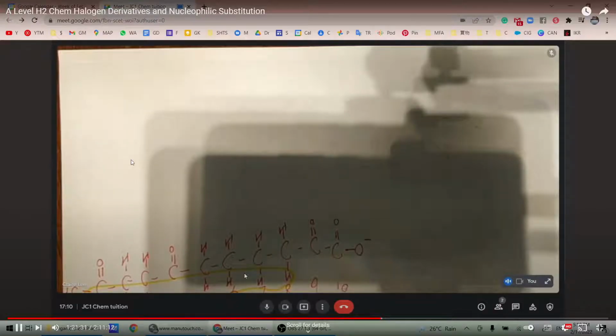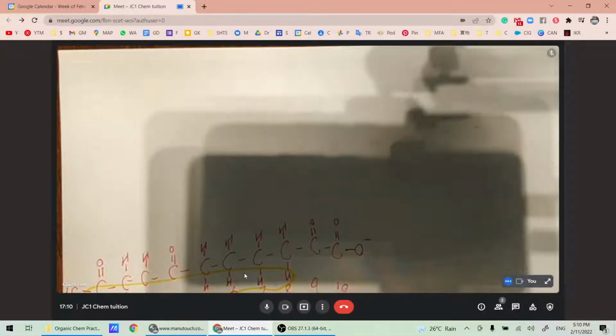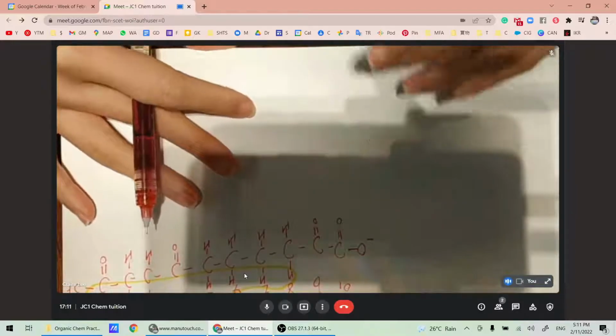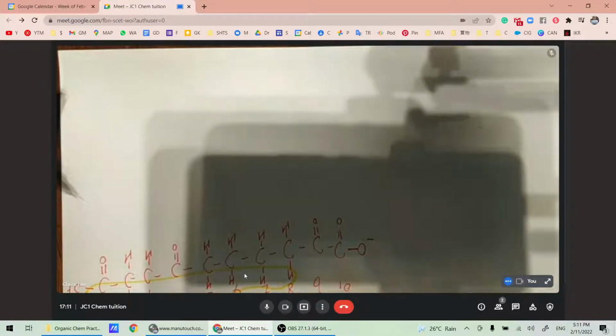Let's move on to halogen derivatives. Back to the topic I was saying, let's do a recap on halogen derivatives. Can you tell me what are the ways I can form halogen derivatives?